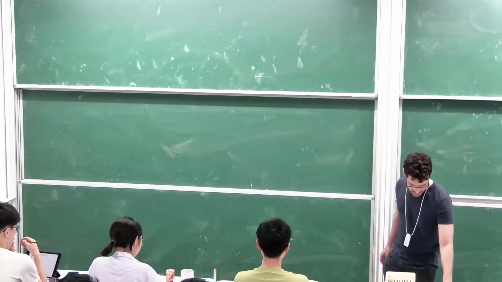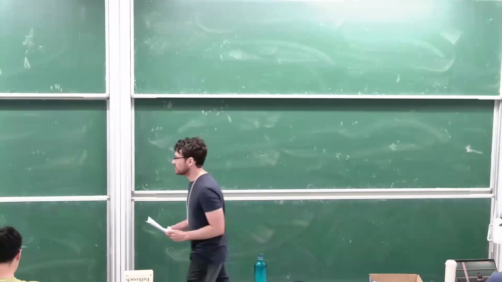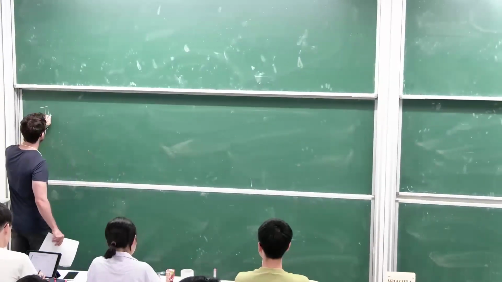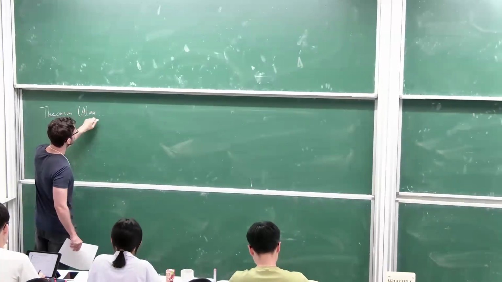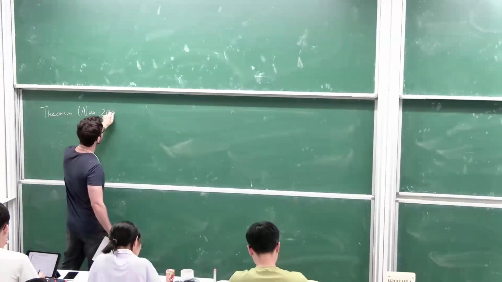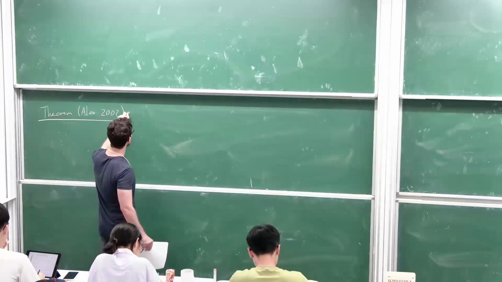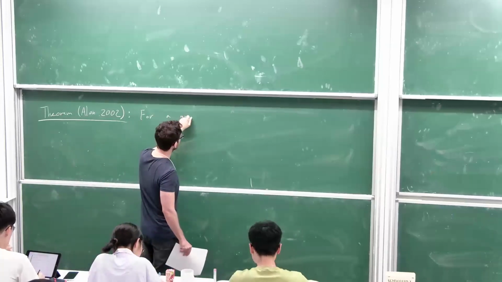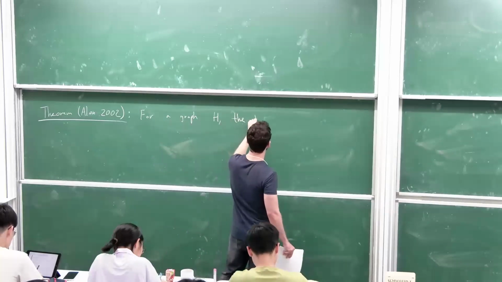So as we started talking about last time, today we will do the following theorem. For a graph H, the H removal lemma is polynomial.